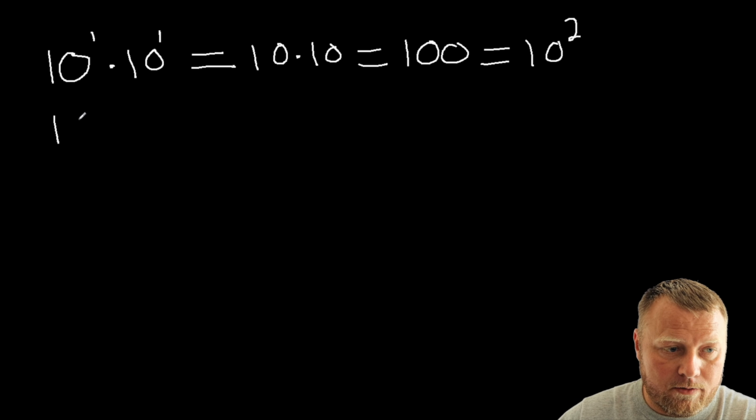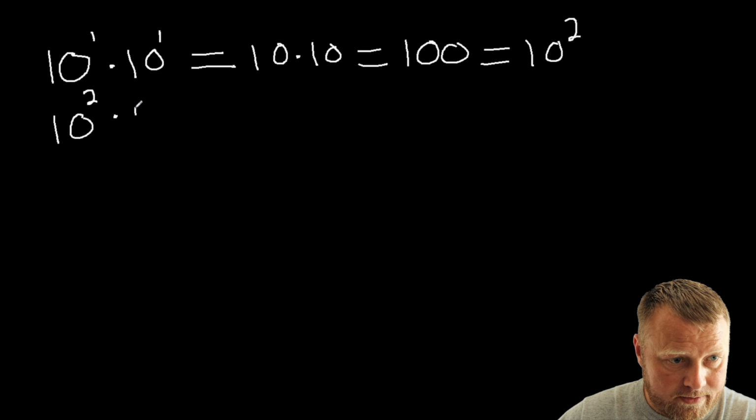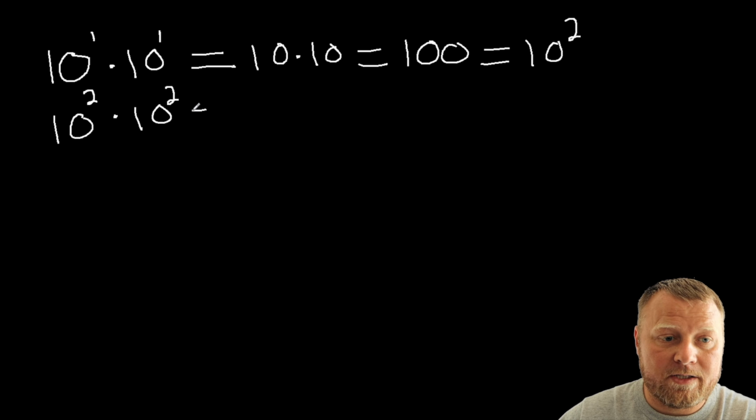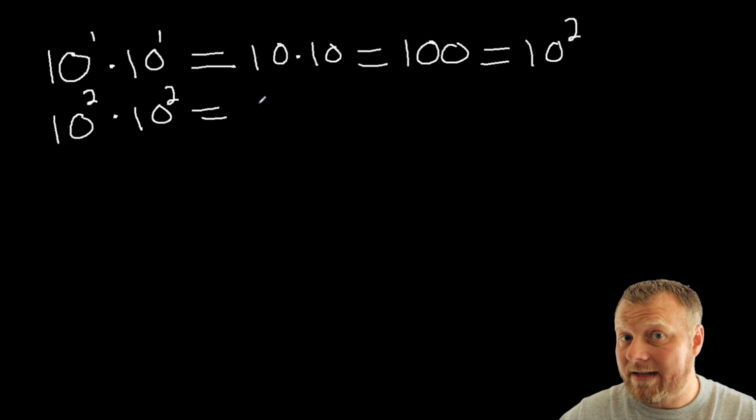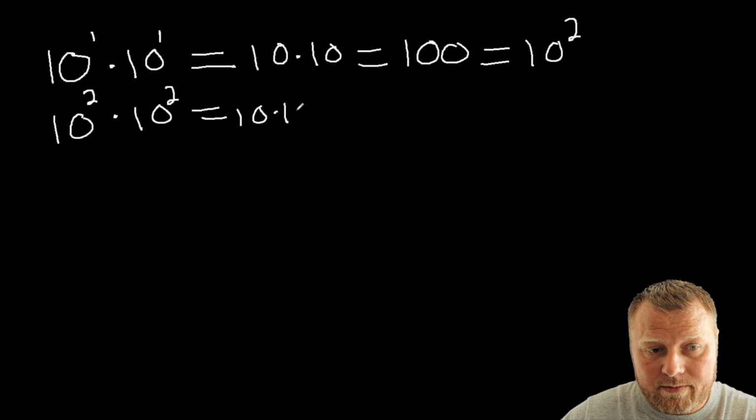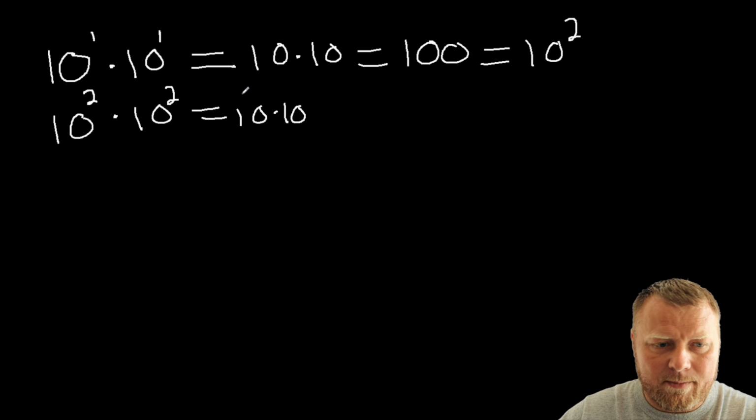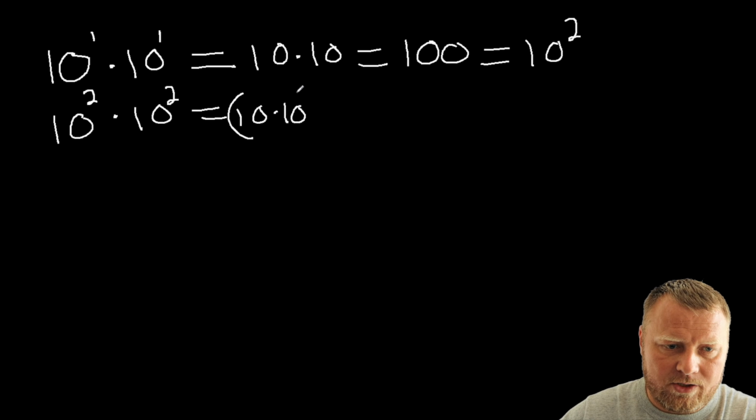Let's do another one. Let's do 10 squared times 10 squared. Let's see what that equals. Well, 10 squared is 10 times 10. So 10 times 10 times, I'm going to put that in parentheses just to keep us focused on what I'm doing here. So that's that first 10 squared.